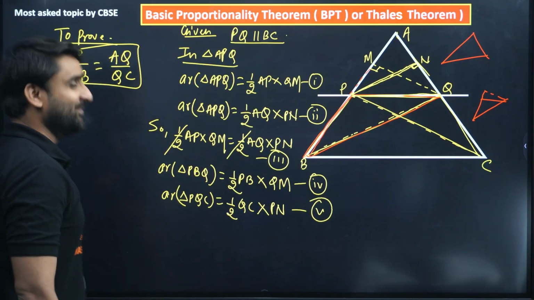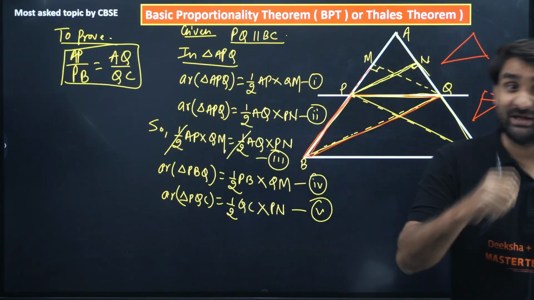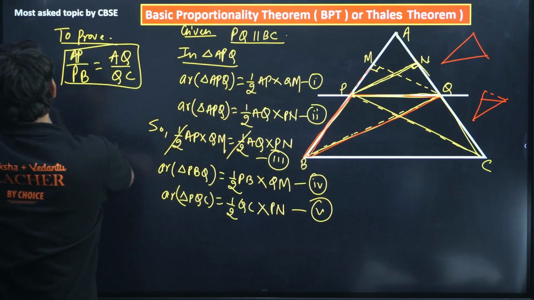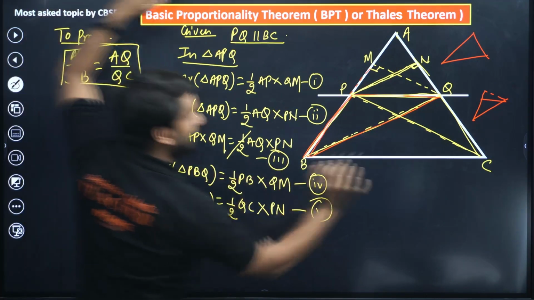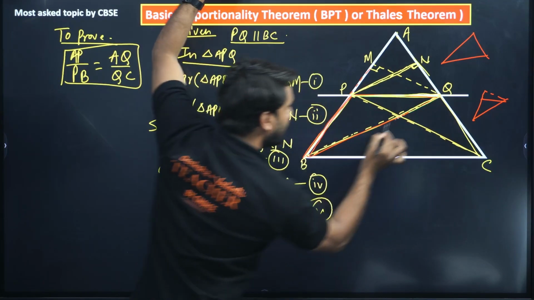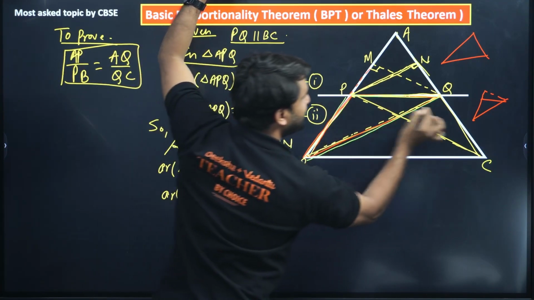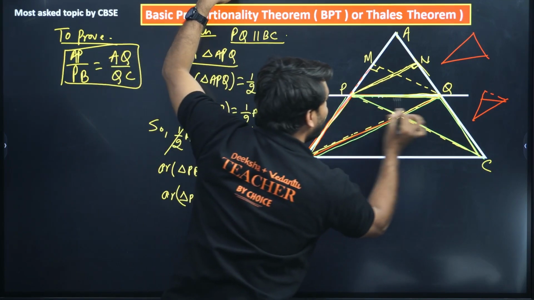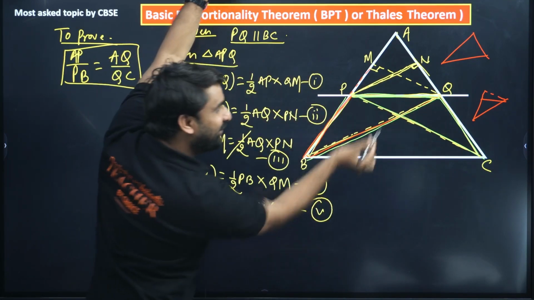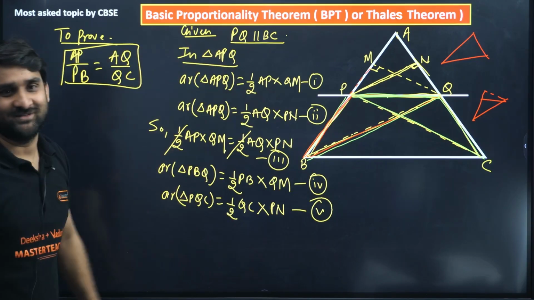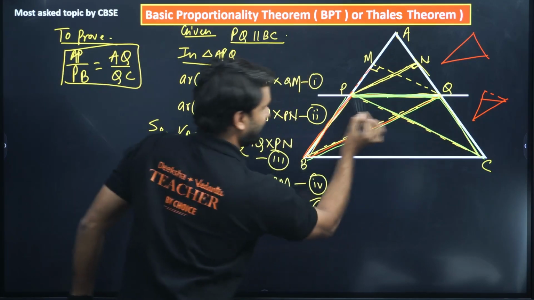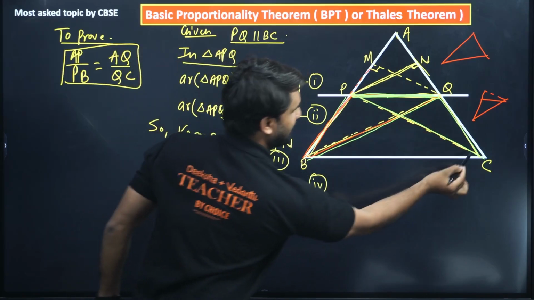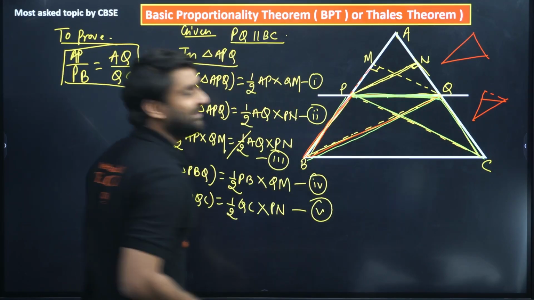Is it clear? And now, you might have studied in class 9th, there was a topic, listen. Let me use some other color so that you can clearly observe here. Look at this triangle, I'm using green color, and this triangle. Both the triangles are on the same base and between same parallel. Wow, look, same base. For this triangle PBC, we can consider base as PQ, and for this triangle PQC, PQ is already there.